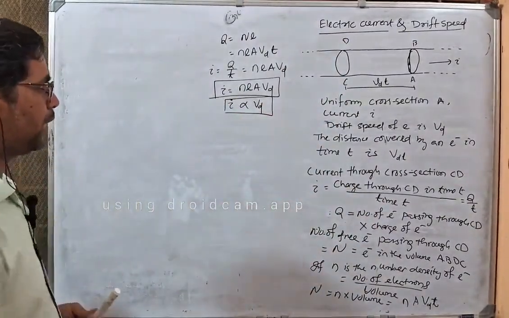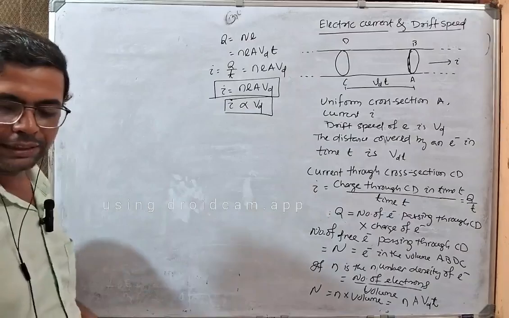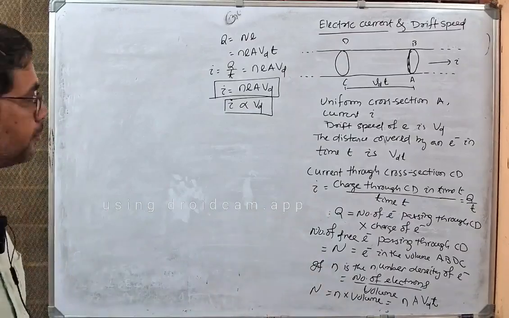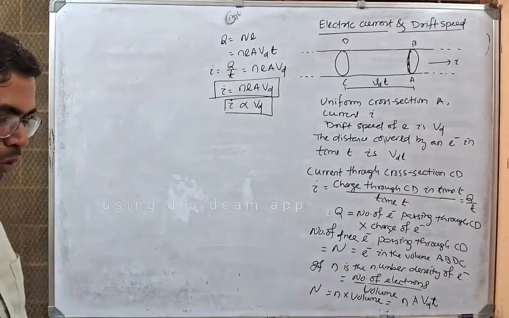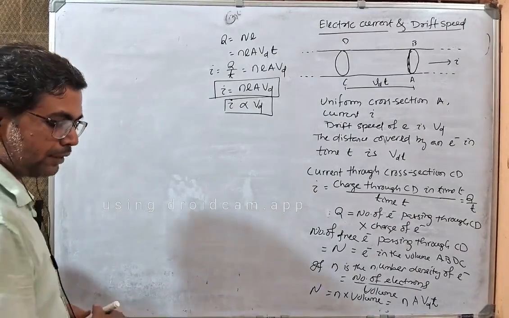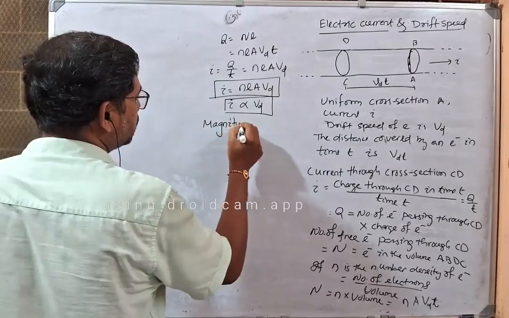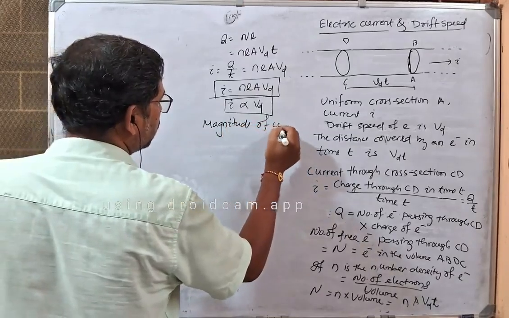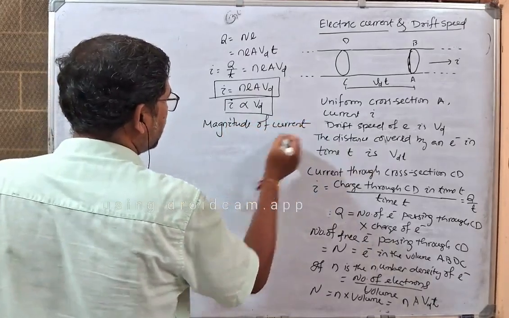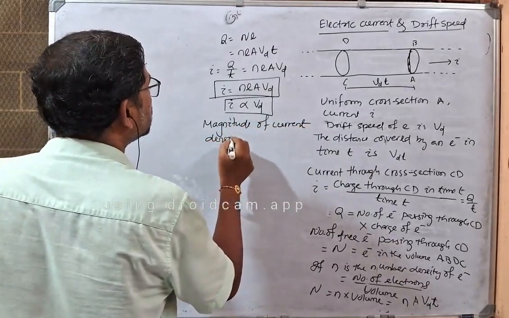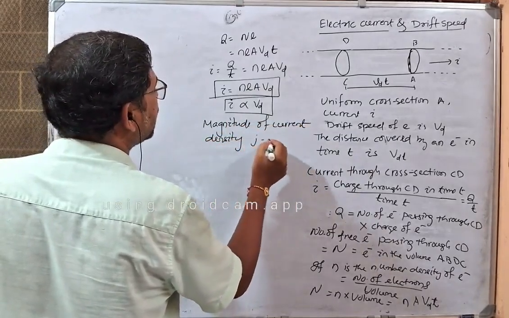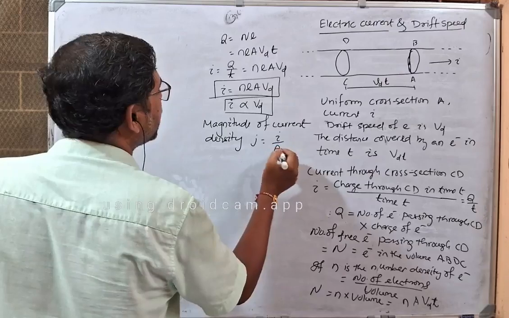Okay. What is current density? Then there is a term current density. What is the magnitude of current density? J, current density, is equal to current divided by area.